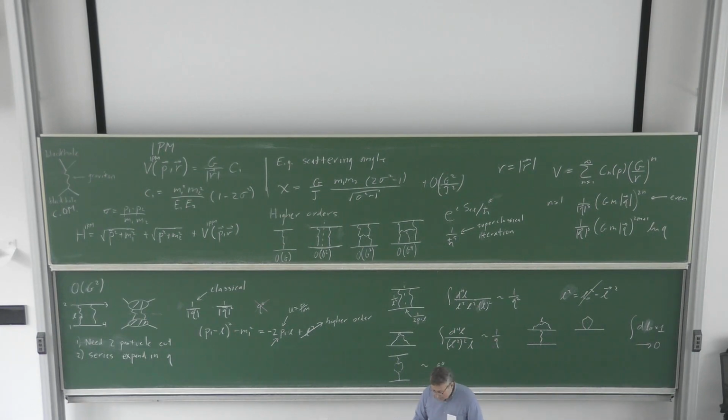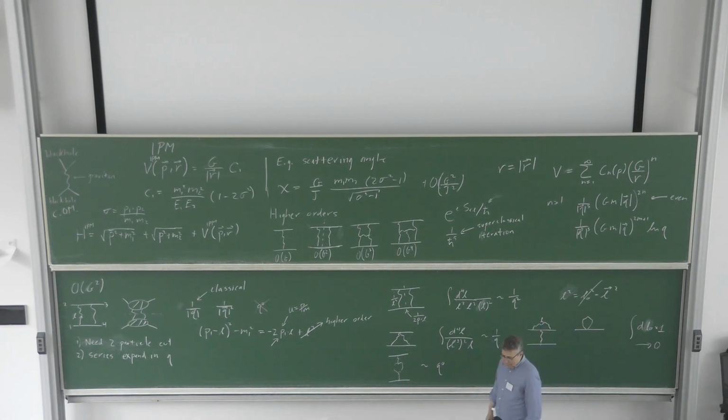Now, you can also analyze this integral directly. It's a one-loop integral. We can work this out, and then you start analyzing it. I guess I'll leave it as homework. Go do that integral. Just inspect it, and then ask the question: do I have this scaling in the final answer, 1 over q?